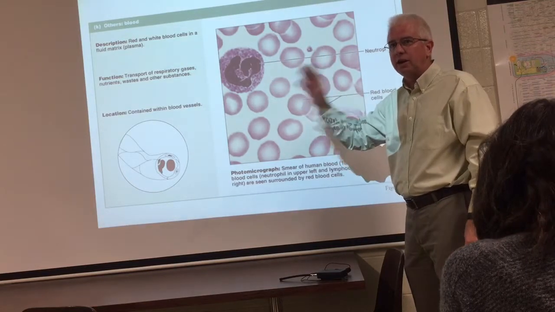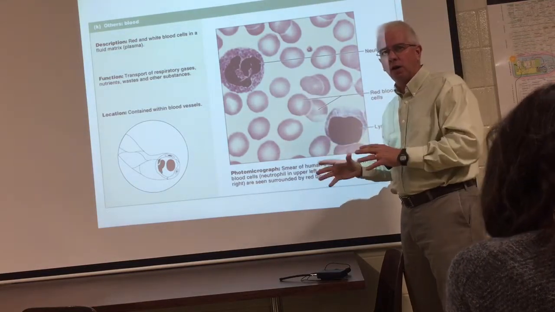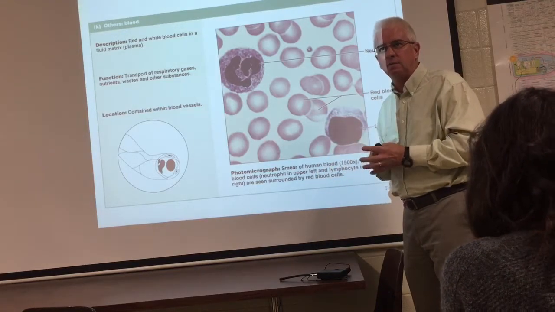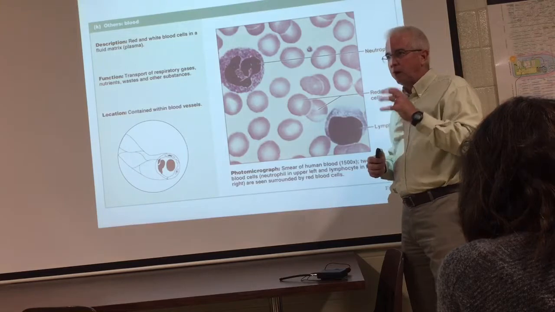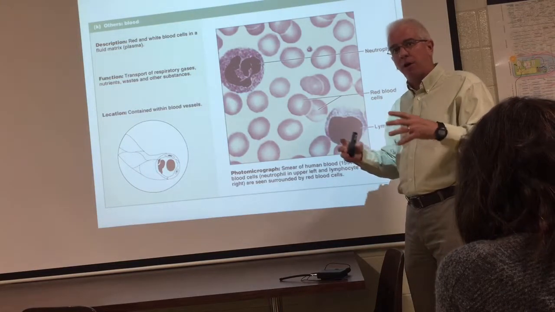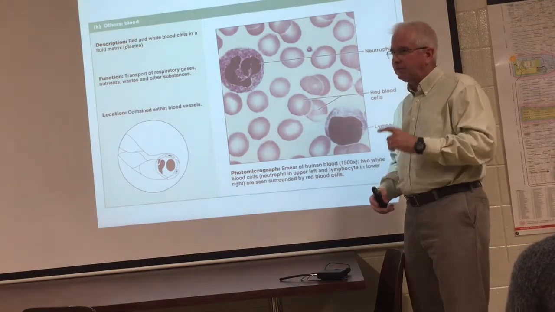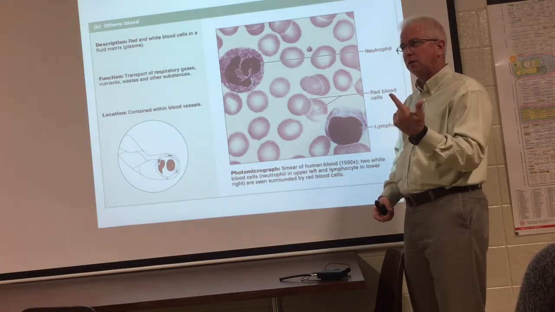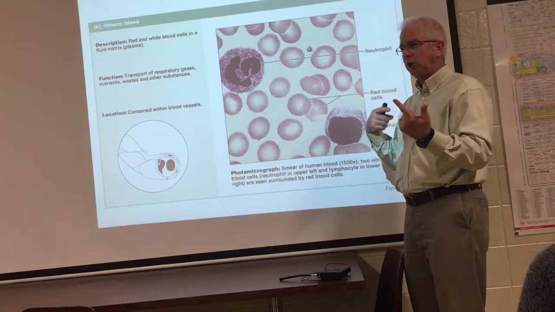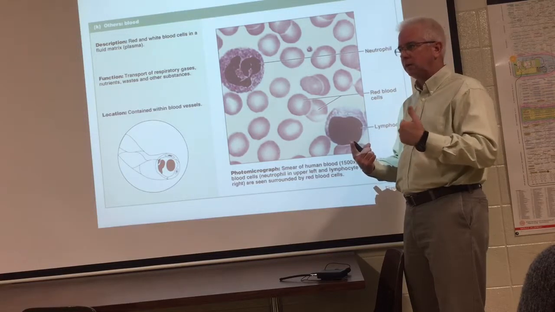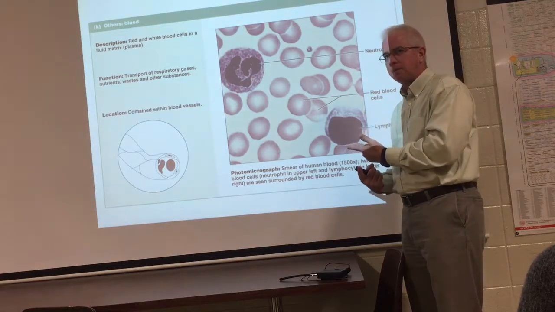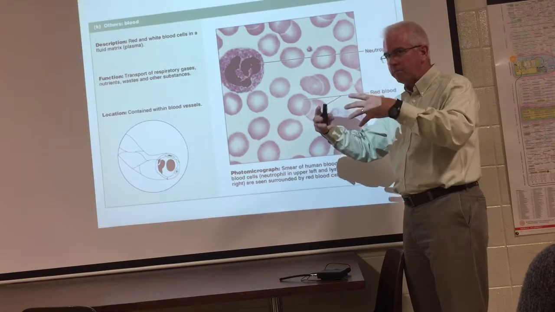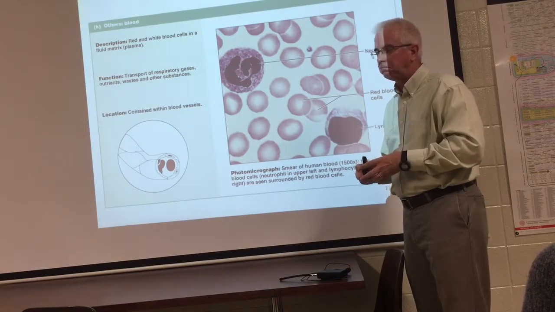So the cell component of blood is that all these cells are made from the same stem cells. Whether it's a red blood cell, a white blood cell, or a platelet, let me say the science words: whether it's an erythrocyte, red blood cell, or a leukocyte, a white blood cell, or a thrombocyte, a platelet, they all come from the same hemocytoblast stem cells.